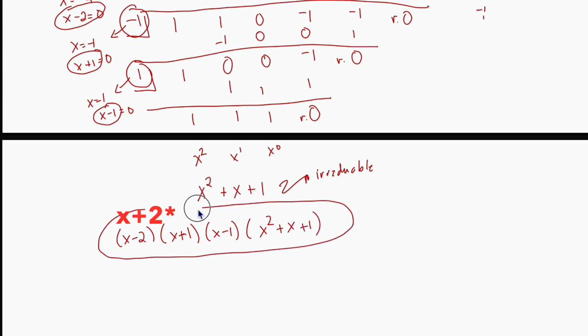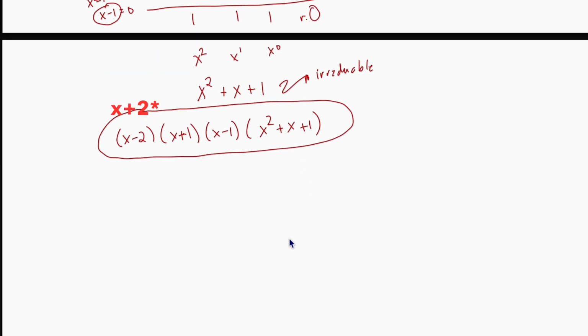So, eto yung sagot doon sa letter A. How about letter B? Sa letter B naman daw, dapat lahat linear. Okay? Pero sabi natin kanina, paano magiging linear to? Di ba, irreducible na nga siya. Ibig sabihin, wala na siyang factors. Yes, wala siyang factors na real numbers. Pero meron siyang factors na imaginary. At yun yung kailangan nating hanapin for B.